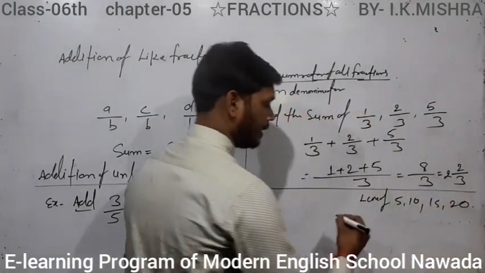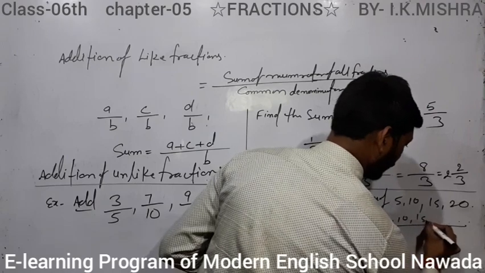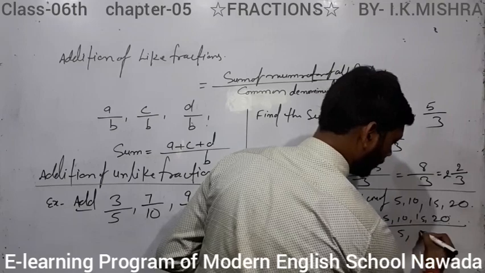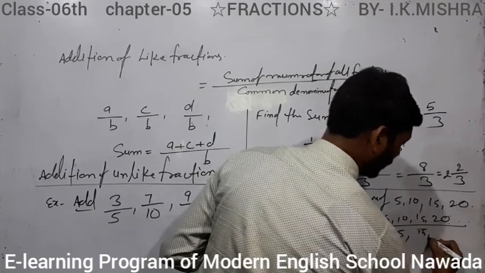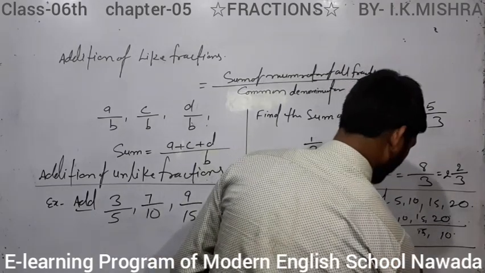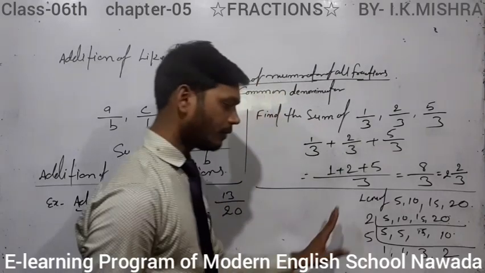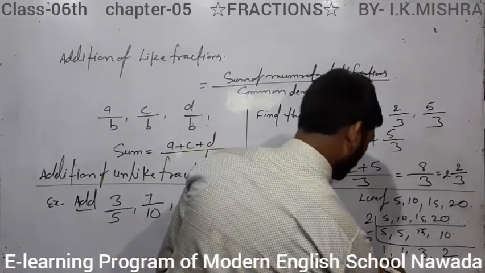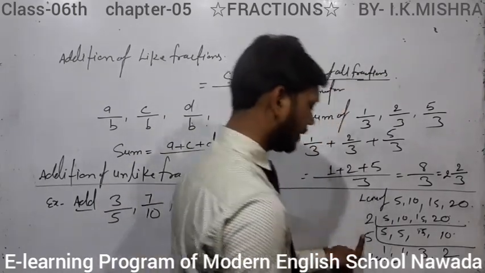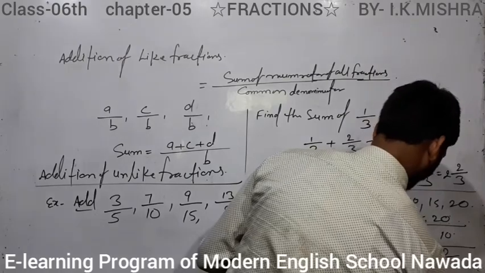Dividing by 2, 5, 5, then 15 and 10, after that 5 times 1, 1, 3 and 2. Students, LCM equals 2 into 5, 10, 30 and 60.